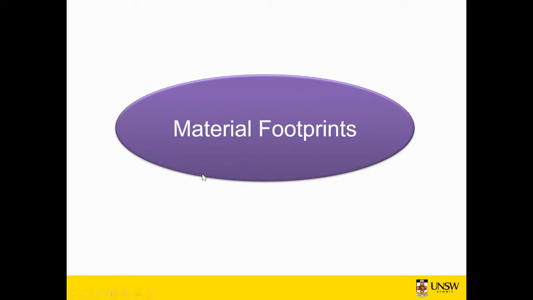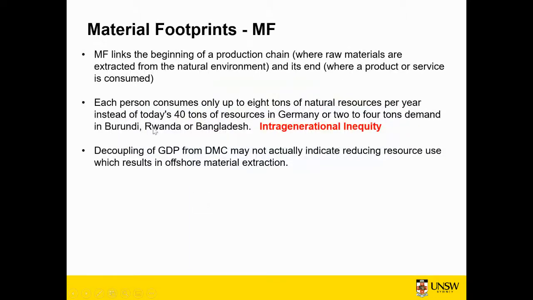So material footprints are another indicator which is similar or builds upon the national material accounts that we saw before. This is more like looking at how much a product or a service or a sector of the economy has in terms of aggregated overall requirement of materials.